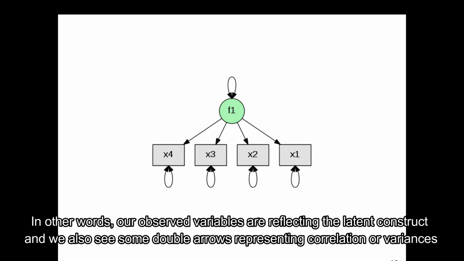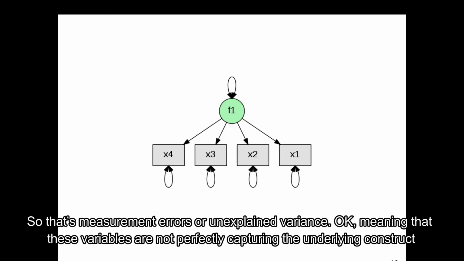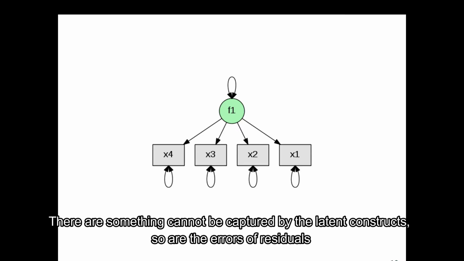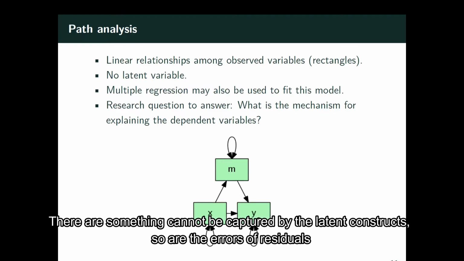And we will also see some double arrows representing correlations or variances. So there are measurement errors or unexplained variance, meaning that these variables are not perfectly capturing the underlying constructs. There is something that cannot be captured by the latent constructs, so there are errors or residuals.